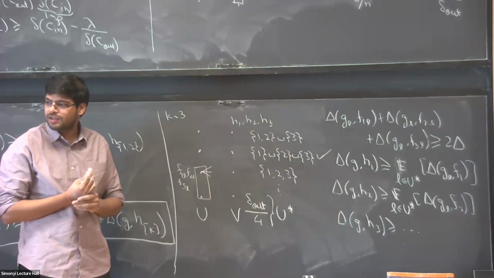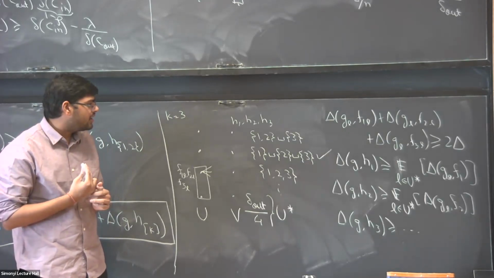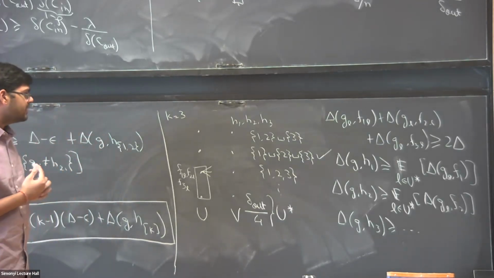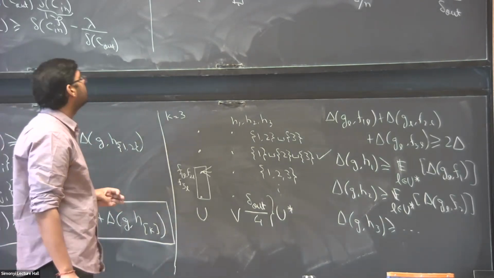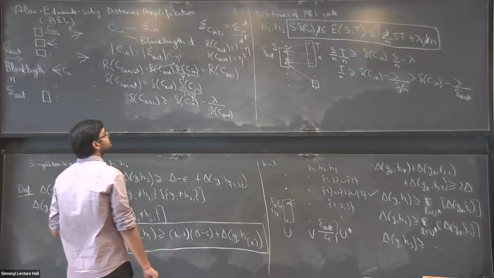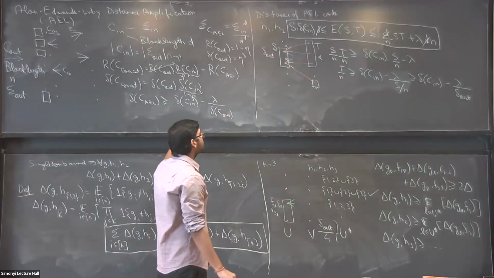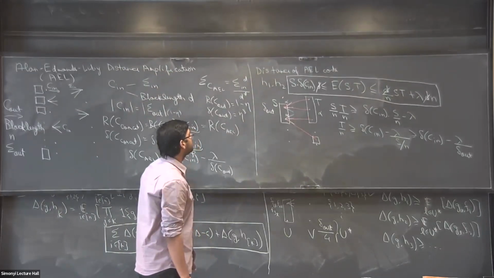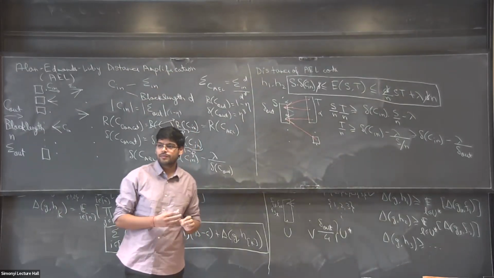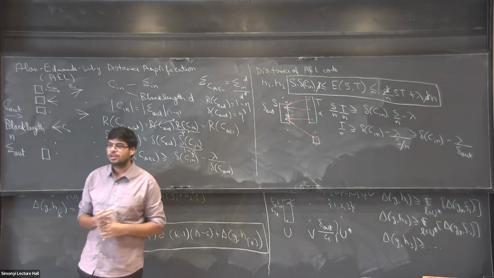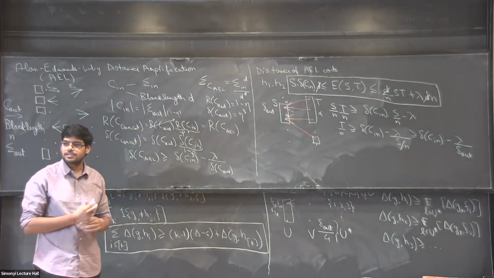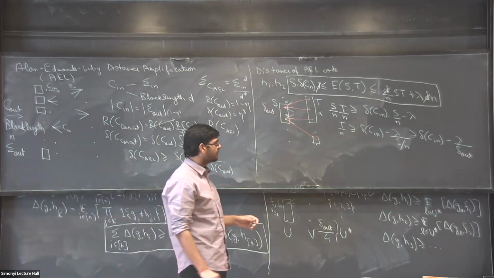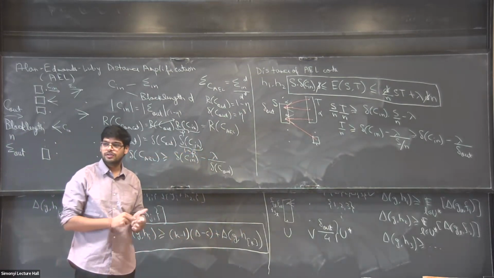Can you say again the argument? Shashank, you're showing this by using the property for the inner code, right? Yes. Do you need the erasure version here? For now, no.